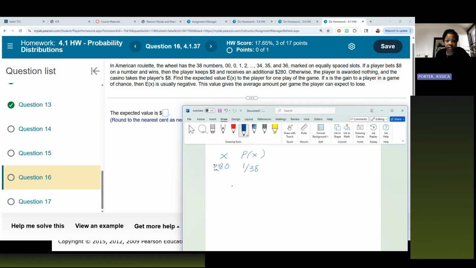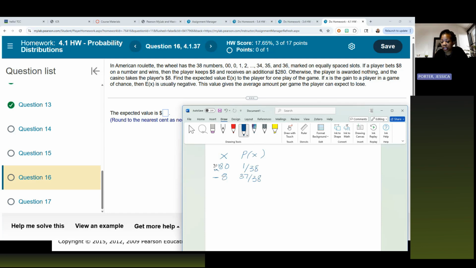Then we take the $8, subtract $8, right? If we lose that $8, the probability is 37 out of 38, because we're only going to have one option out of the 38 that's a winner.